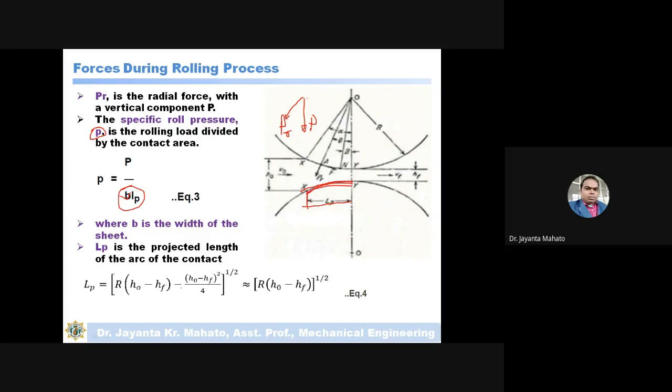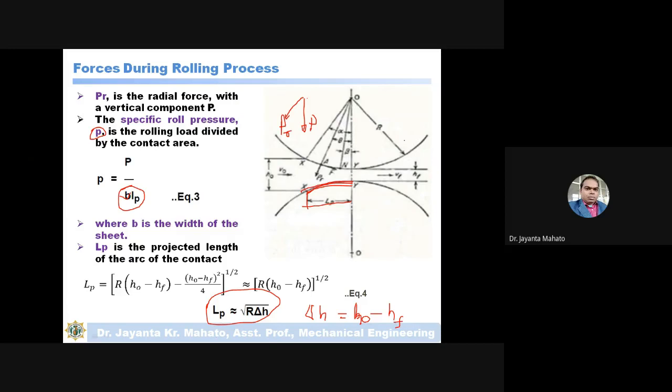The projected value we can get from this relationship, and by simplifying this equation you can write Lp is equal to root over R into del H. Del H is the reduction in thickness, that is H naught, the initial thickness, minus the final thickness.